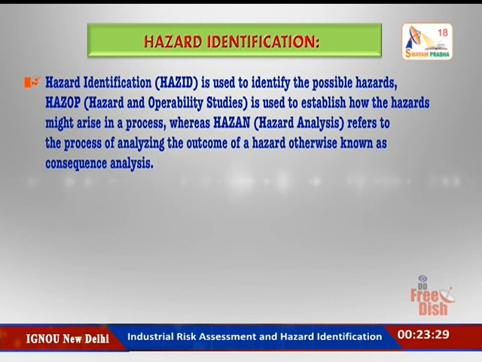That is HAZOP, hazards and operability studies. It is used to establish how these hazards might arise in the process, and where the hazard analysis takes place. So what is hazard analysis? Hazard analysis is the process of analyzing the outcome of the hazard, otherwise known as the consequence analysis.